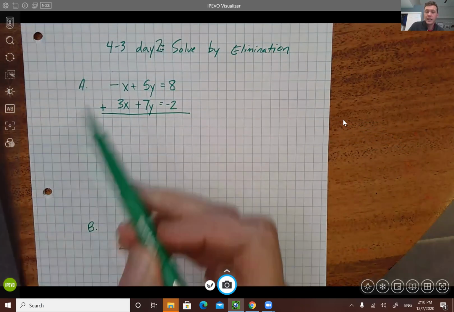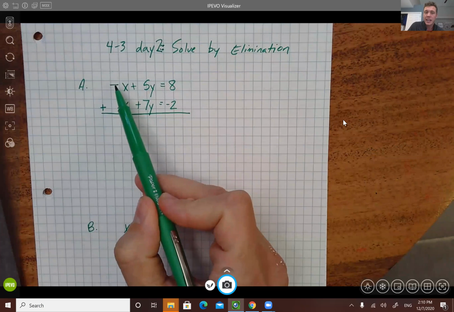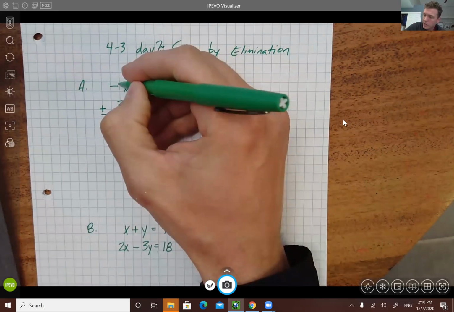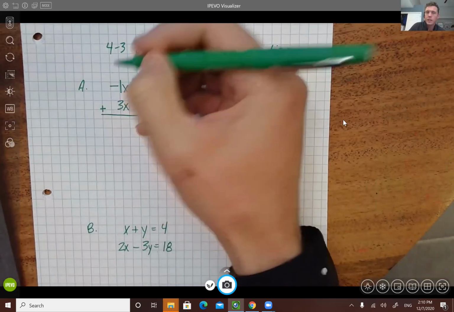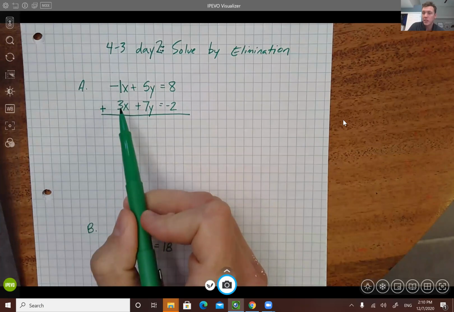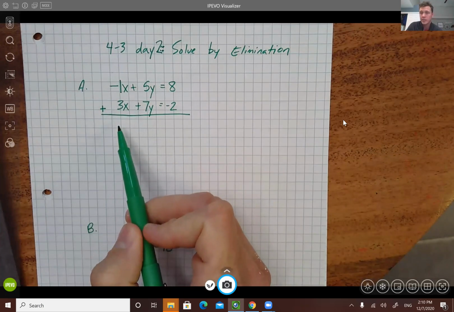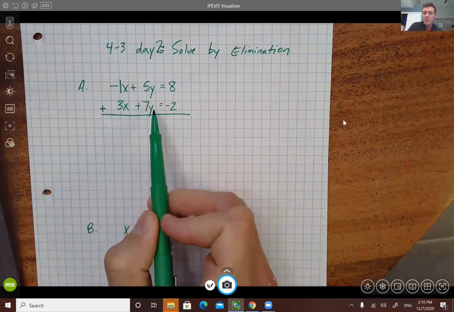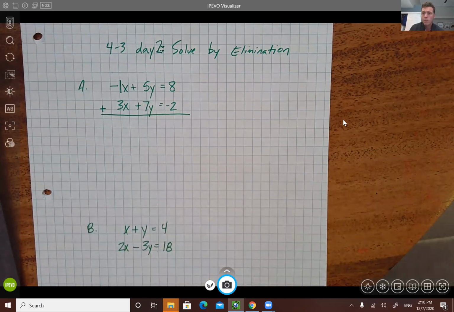Now, here, if we try to add -1x and 3x, that's 2x. 5 and 7 is 12. So neither x nor y is going to eliminate, okay? So we want to multiply one of the equations.